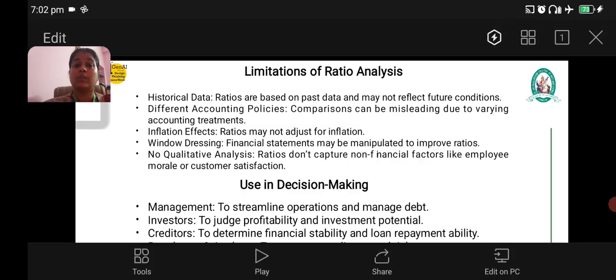In such a case, the result we get by applying the ratios may not be a right one. Ratios are based on past data and may not reflect future conditions.